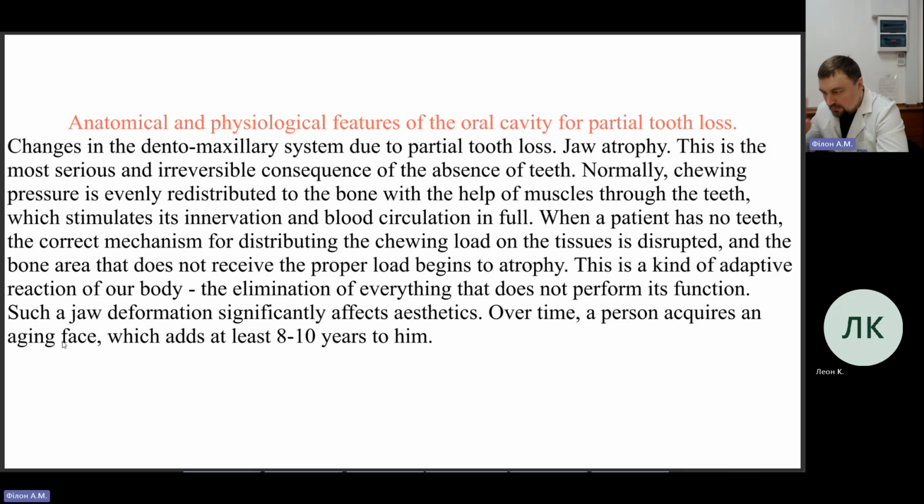Jaw atrophy. Atrophy is the most serious and irreversible consequence of the loss of teeth. Normally, chewing pressure is evenly distributed to the bone with the help of muscles through the teeth, which stimulates the bone and blood circulation. When the patient has no teeth, the correct mechanism for distributing the chewing load on the tissues is destroyed, and the bone area that doesn't receive the proper load begins to atrophy.